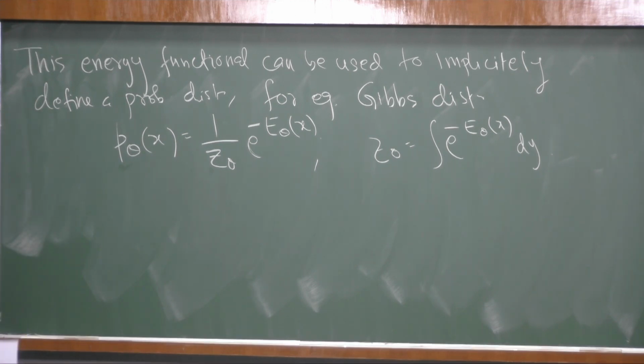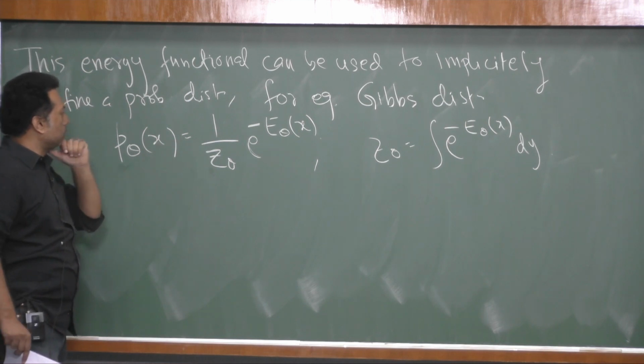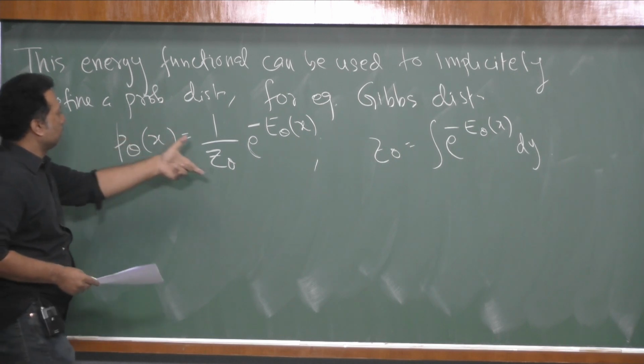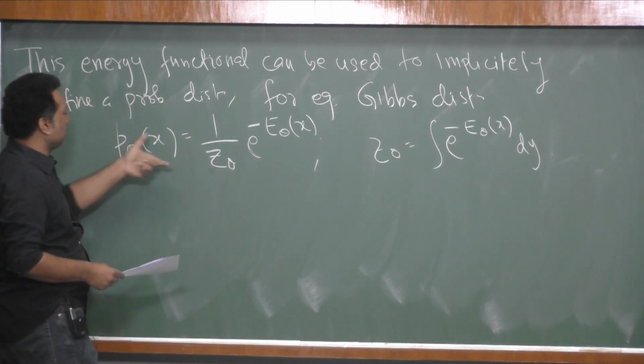So what might happen now is that rather than learning this, you want to learn this. But there are many questions here. What will you do with Z theta? For the moment, we can write p theta like this.